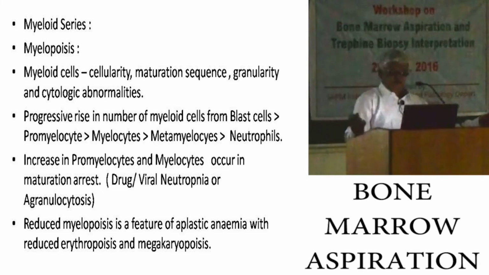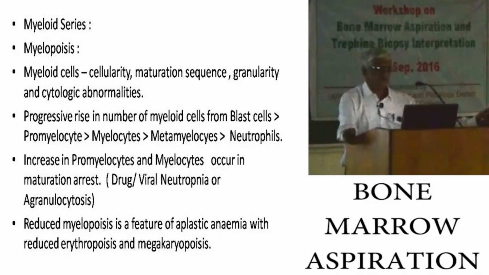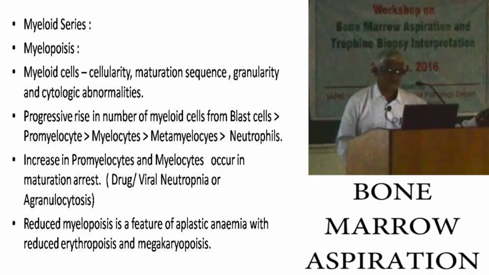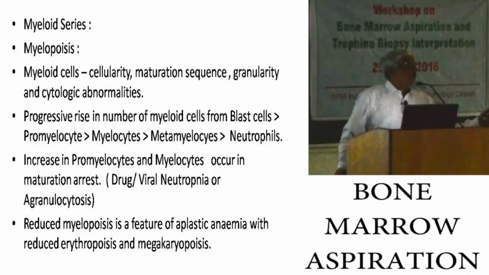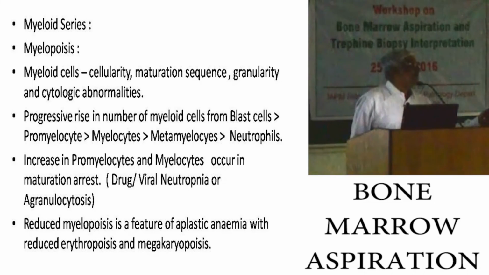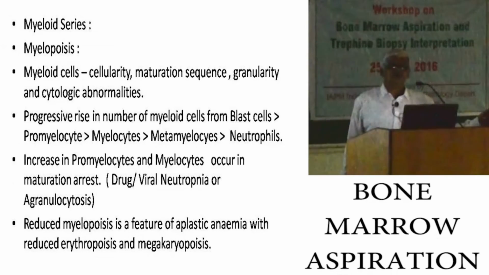Now coming to the myeloid series, again you have to see the myeloid cells. If you see the numbers, it is very difficult to remember how many blast cells percentage-wise, but particularly myeloblasts and promyelocytes are around 1 to 2%. And then there is a progressive increase in the number as the cells mature.